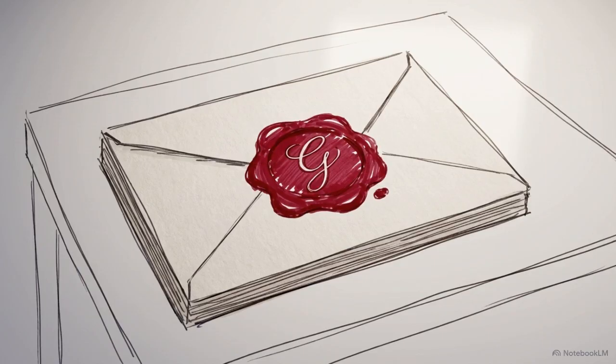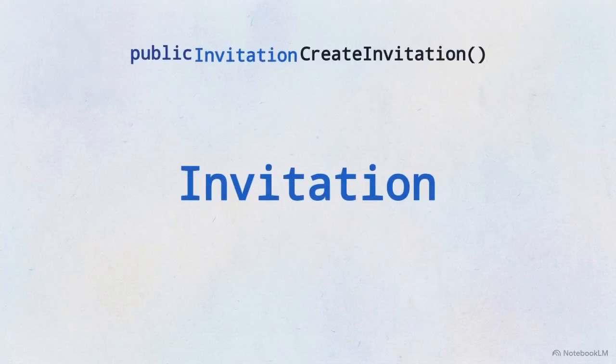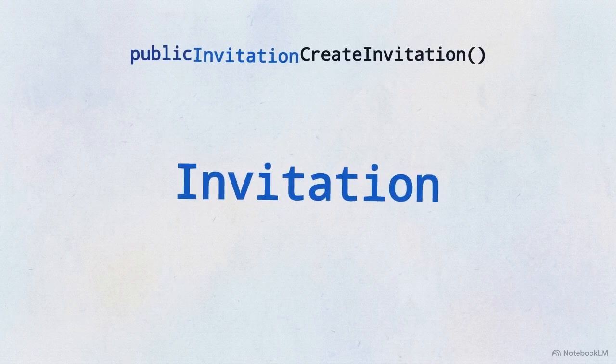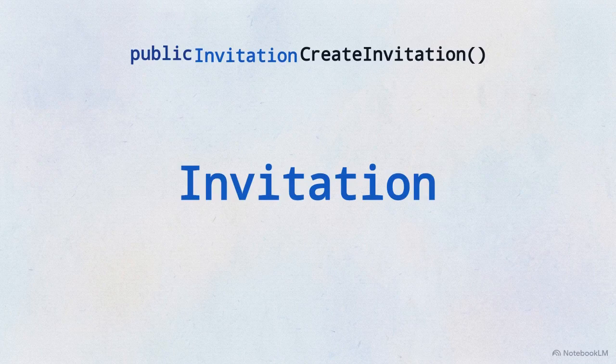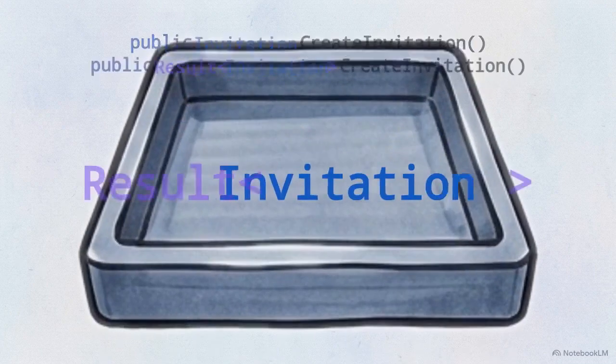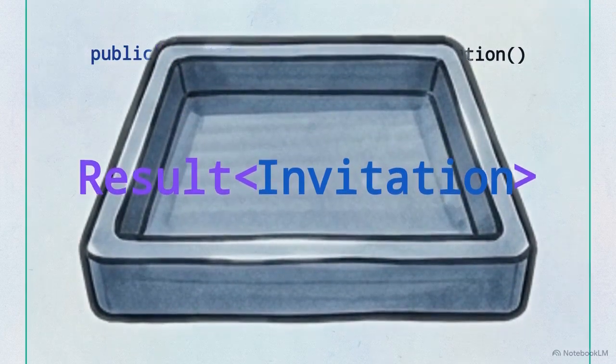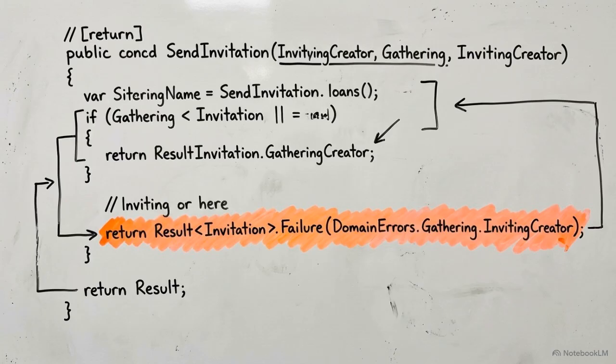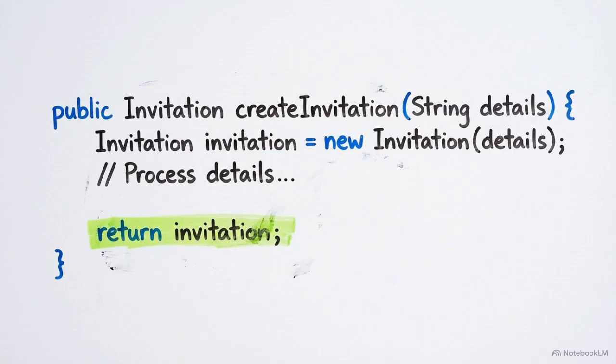Let's apply this catalog to domain logic, like a method for sending a gathering invitation. First, we update the method signature. Instead of returning an invitation object directly, it now returns a generic result wrapper that contains the expected invitation. Looking at the implementation, the flow is clear. If a specific business rule fails, we return a failure state directly from our centralized catalog.